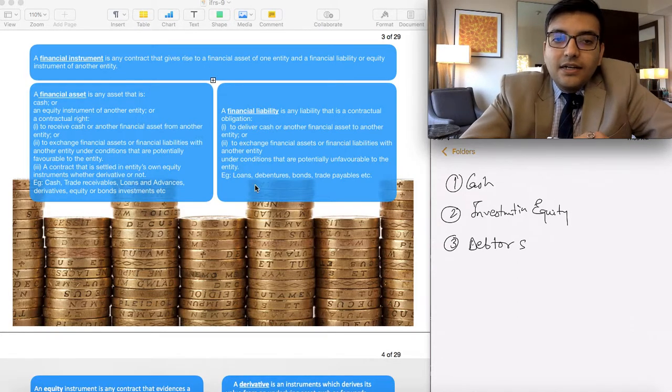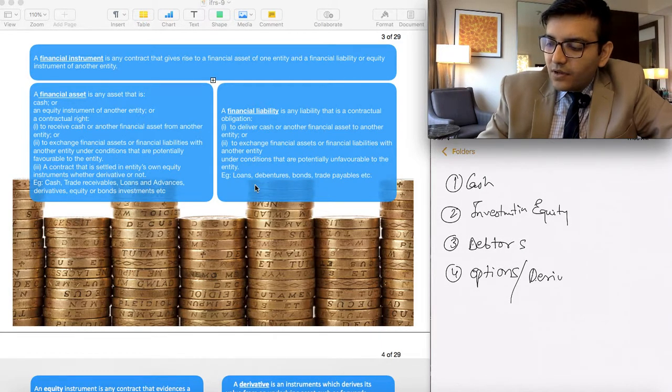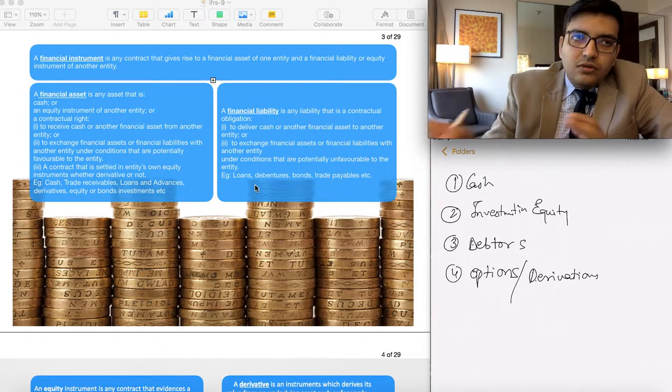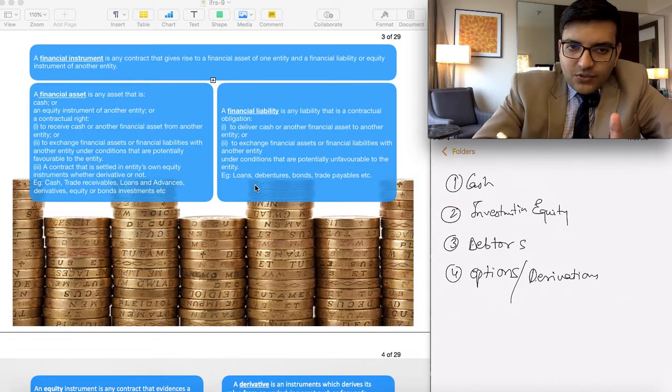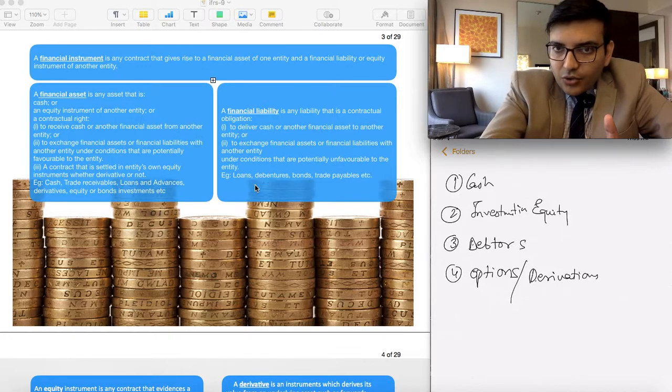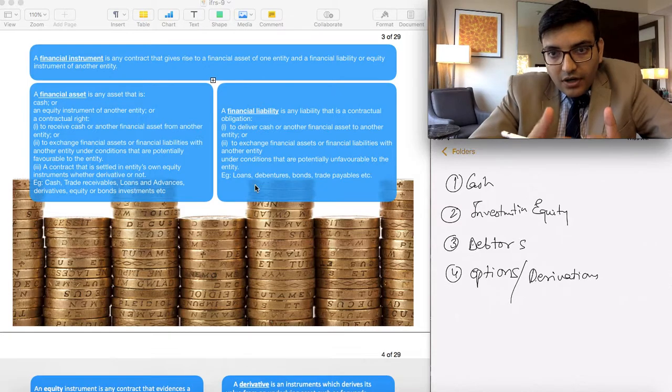Now what is that? This we call options or derivatives. Just like I talked about, suppose I bought a call option and it is in my favor. That's why it is written over here, conditions that are potentially favorable. So whenever it is in my favor, I will book it as a financial asset, right?